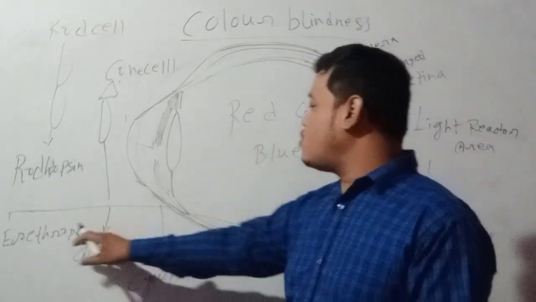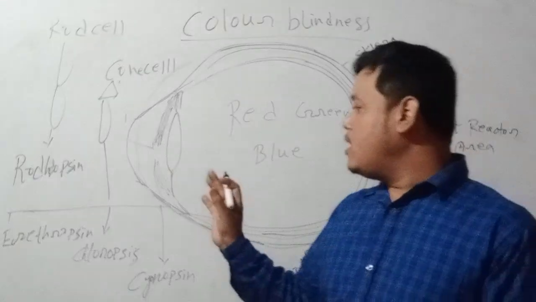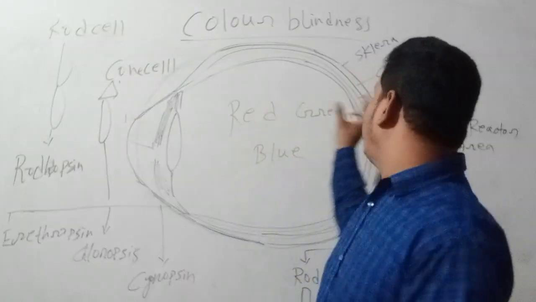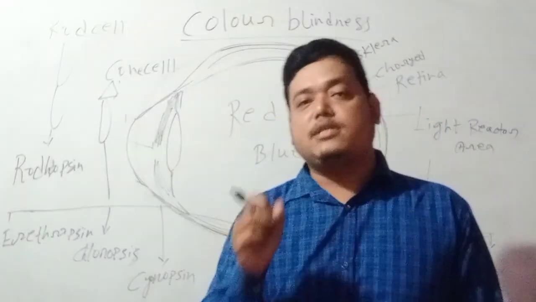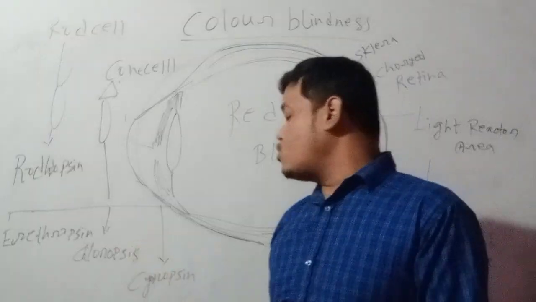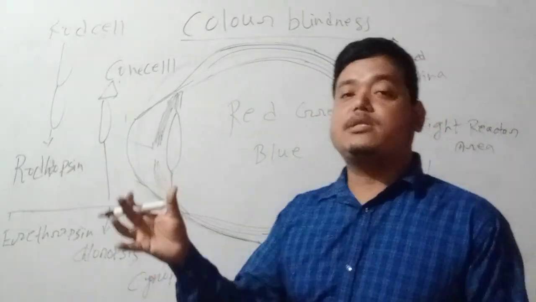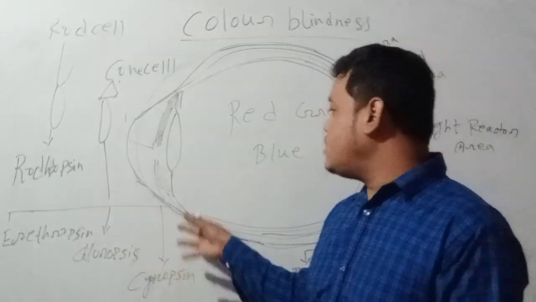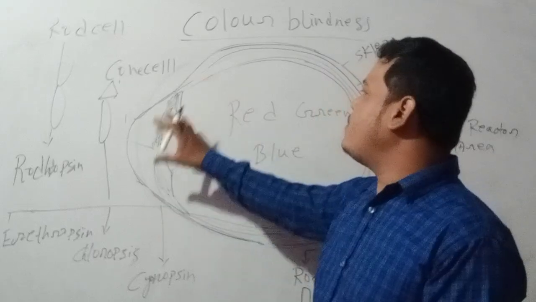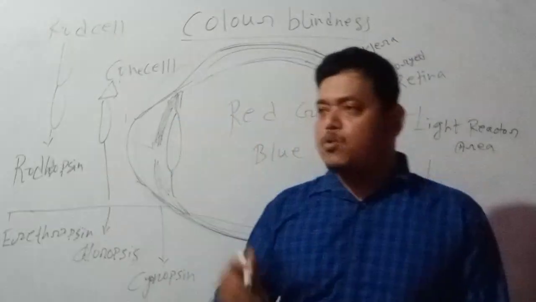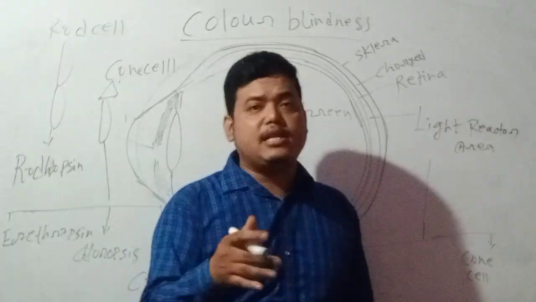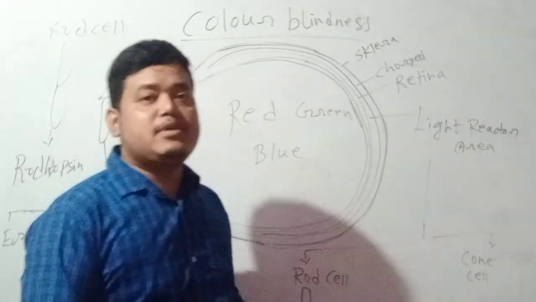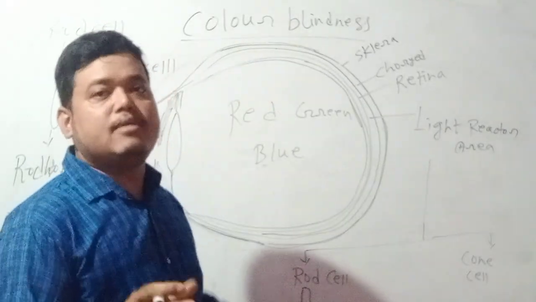If a person does not have erythropsin, he or she can't capture red light. If anyone does not have chloropsin, he is not able to capture green light. And if anyone does not have cyanopsin, he is unable to capture blue light. So these people are not able to differentiate the colors green, red and blue. This problem is called color blindness.